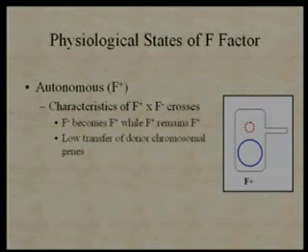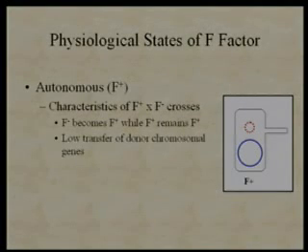Donor cells harboring an F factor in this state are referred to as F plus cells. And so if you have a cross between an F plus cell and an F minus recipient, after the conjugation event has occurred, the F minus recipient will be converted into a donor. So the F minus recipient will become a donor.